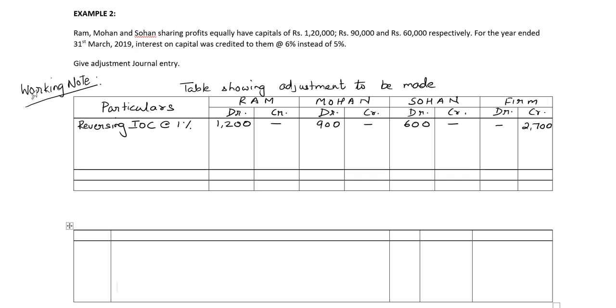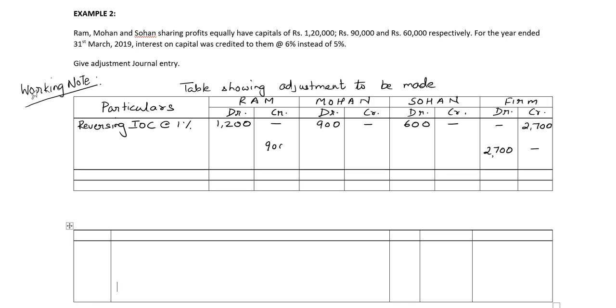The errors are rectified. We need to balance the firm, for which I will write 2,700 in the debit of the firm. The profit sharing ratio is equal, so I'll divide 2,700 equally by 3 and insert 900 to the credit of each partner, because I have debited the firm with 2,700.